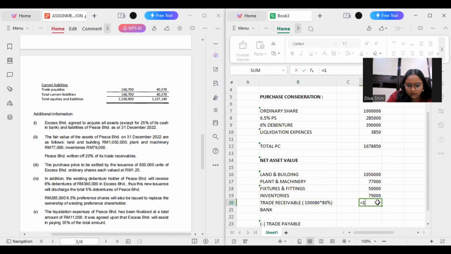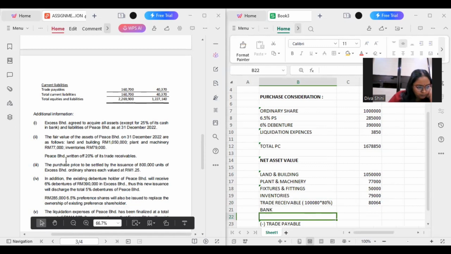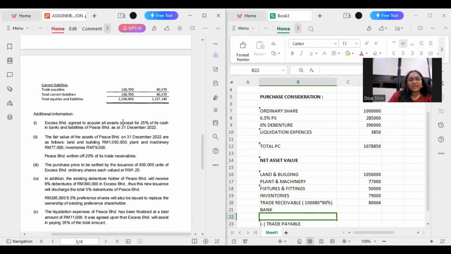So now we need to calculate 100,080 times 80%. The answer will be 80,064. And for the bank, they stated Access Berhad agreed to acquire all the assets except for 25% of its cash in bank.